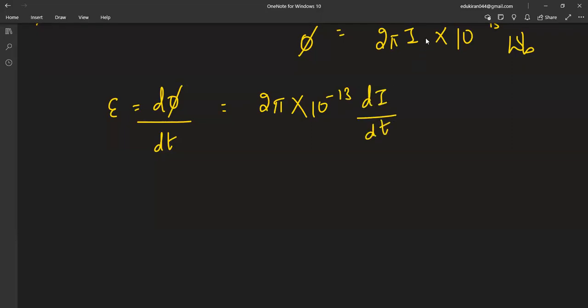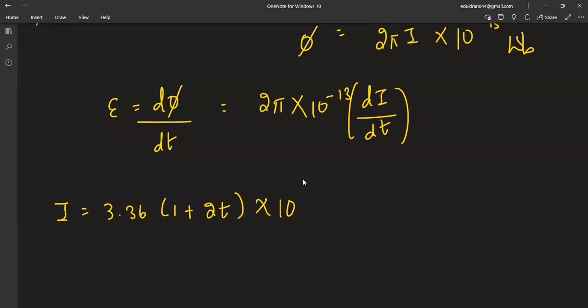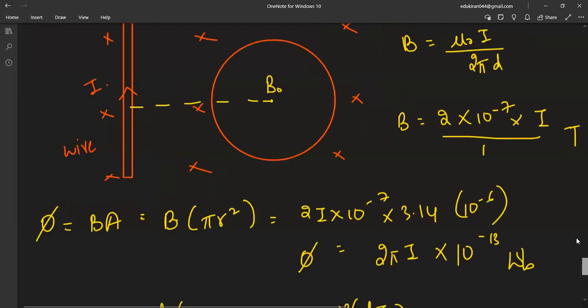We have the value of current. See, the value of current is given in the question, 3.36 into (1 plus 2t) and into 10 to the power... how much was there?